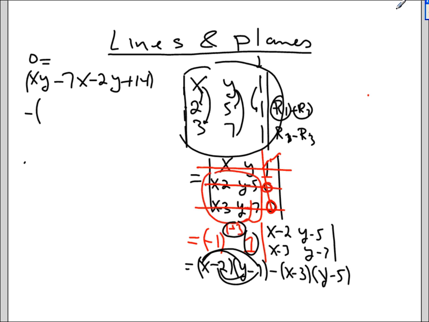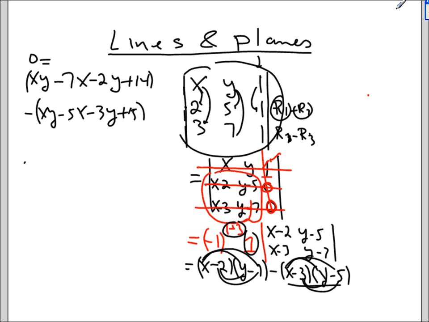And I take away this. I take away x times y. I take away 5x. I take away 3y. And I take away 15. That is, I add 15.